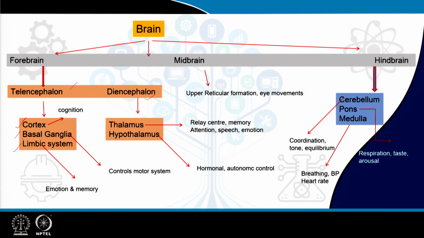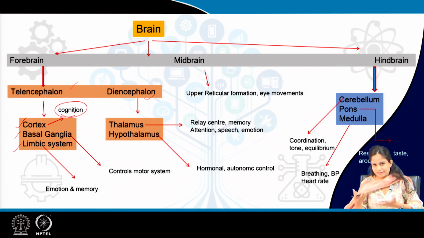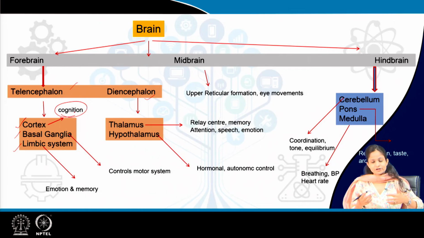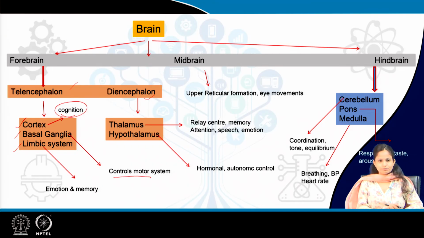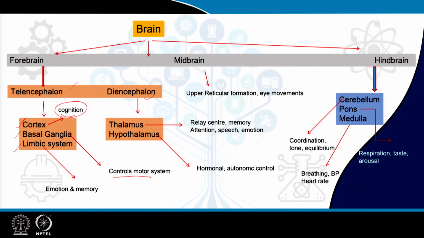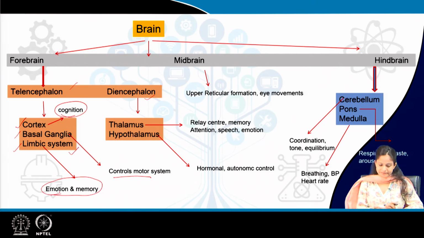Cortex is mainly responsible for cognition, the planning of the movements, how something is learned, how something is executed. You get an idea, then you think of executing it. That is mainly done by our cerebral cortex. Basal ganglia mainly controls the motor system. Basal ganglia and cerebellum, these two main structures mainly constitute the motor system. Then the limbic system, this is emotion and memory.